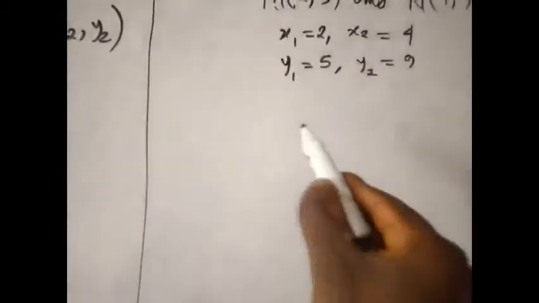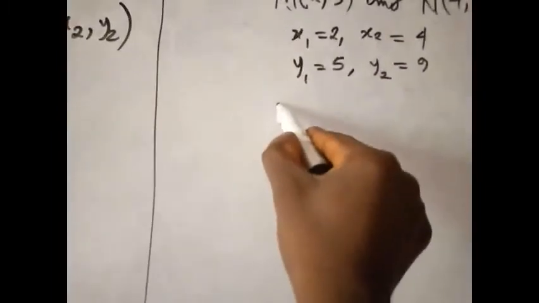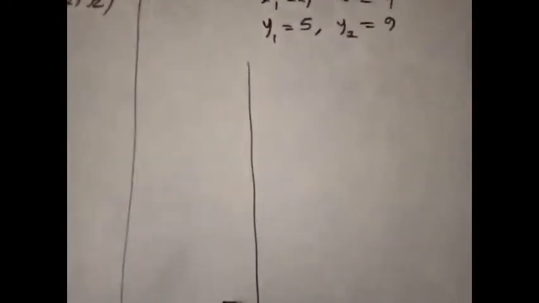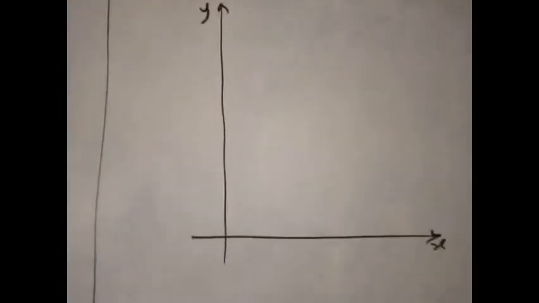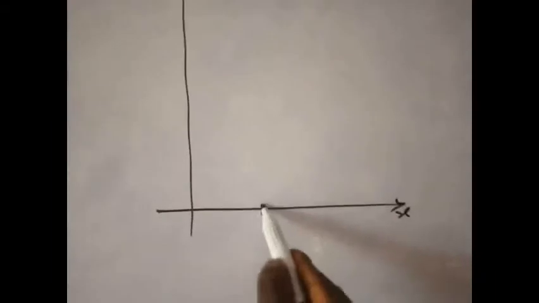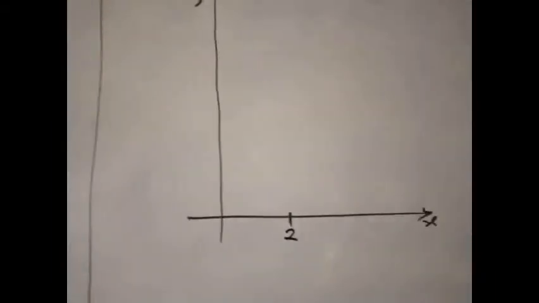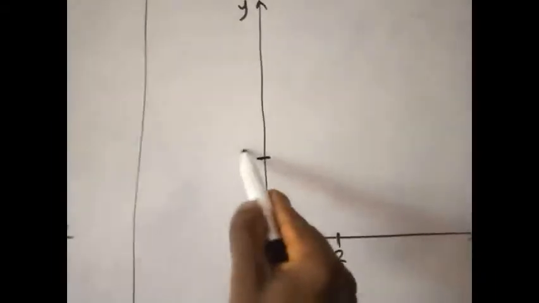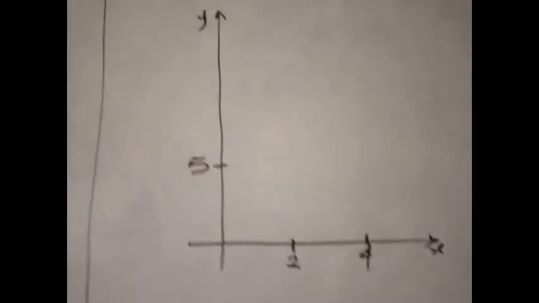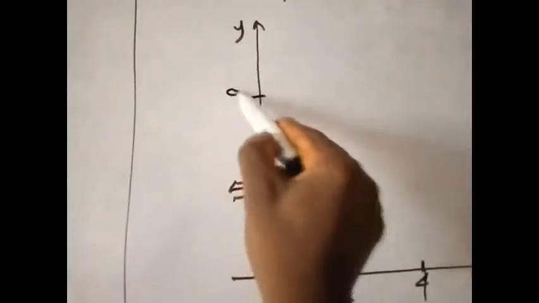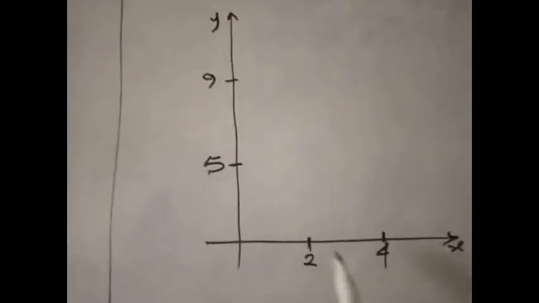So for us to locate the points, we have to have the two axes, y-axis and x-axis. This is the x-axis, this is the y-axis. Then locating this point, when x1 is equal to 2, y1 is 5. When x2 equals 4, y2 equals 9. So this is how we plot the points against each other.